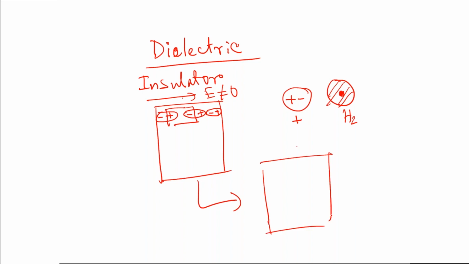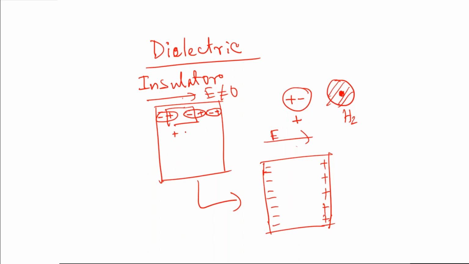So finally, what happens once you apply an electric field to this kind of material, the dielectric material? If your electric field is this way, you will see on this left hand side surface there will be negative charge induced, and here there will be positive charges.